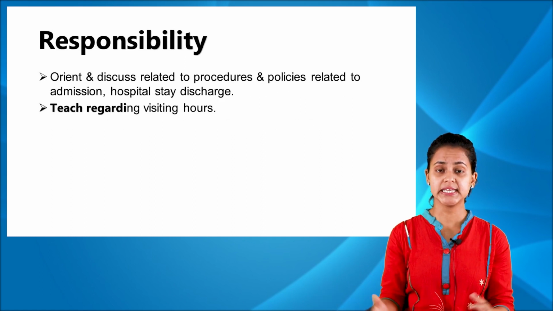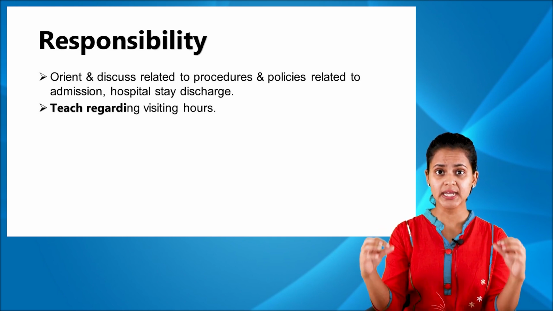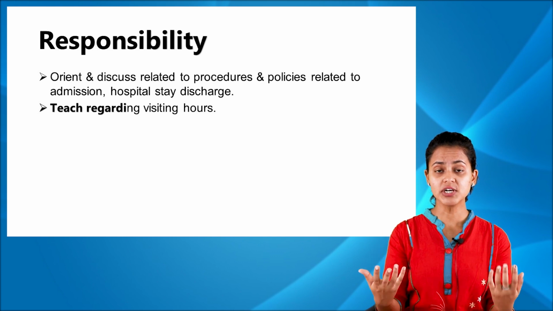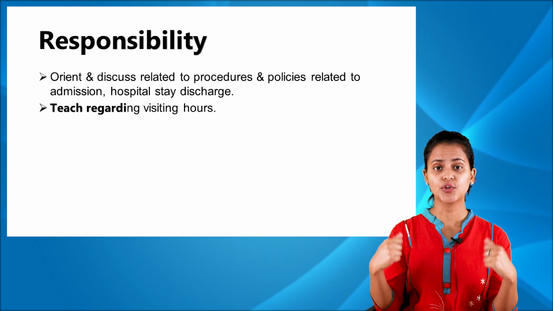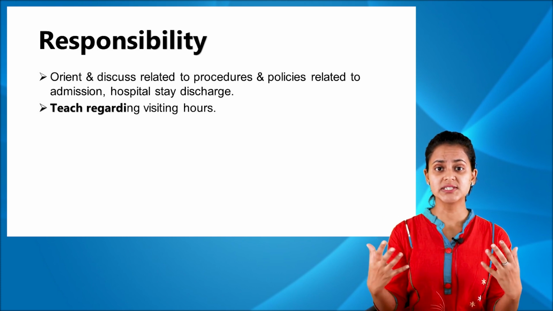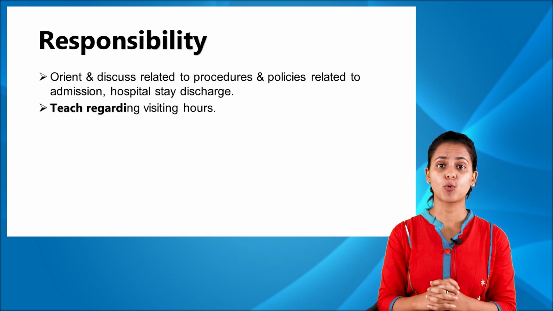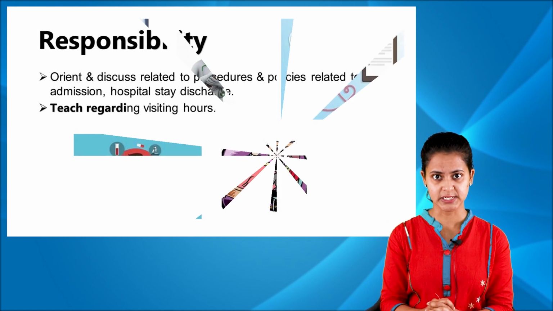Next, after admitting the client and doing the initial history collection and physical examination, a nurse would be responsible to orient the client regarding the hospital policies, procedures, even the rules and regulations related to the hospital stay, and also orient them to the ward in which the patient is admitted.